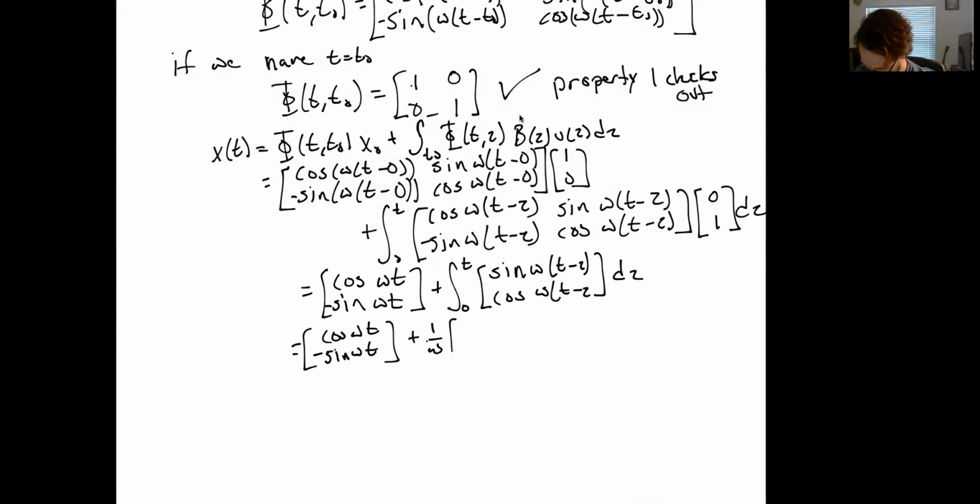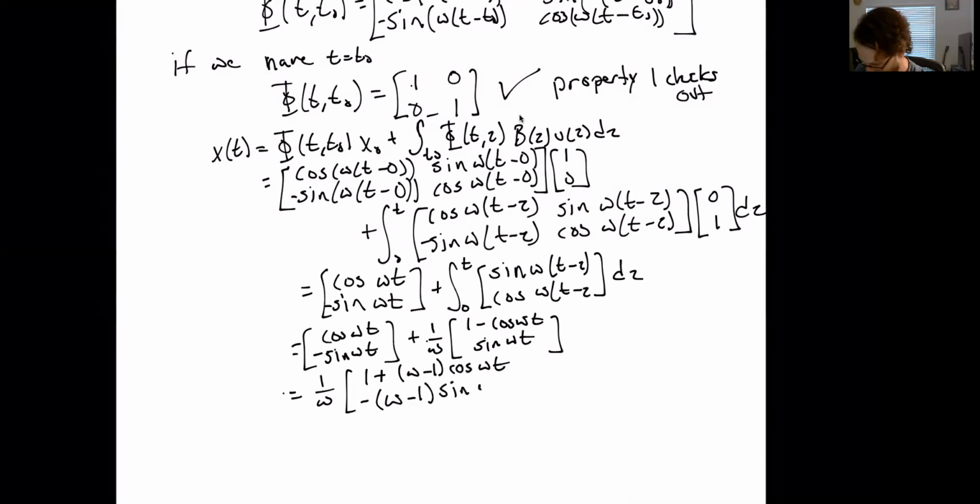And then at the end of the day, we'll get that the solution to our system is 1 over omega times ((1 plus omega minus 1) cosine omega t, and then minus (1 minus omega) sine omega t), which solves the initial value problem.